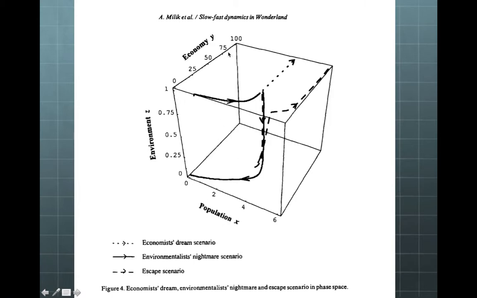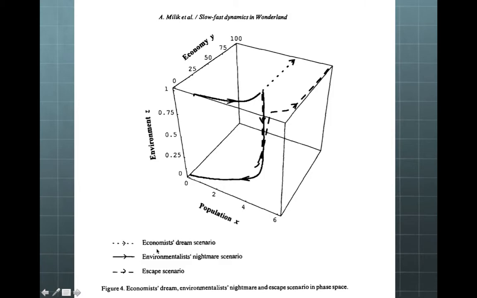So if you think about this cube as a space in which X, Y, and Z are coordinates of population, output, and natural capital, and you plot these over time, you can generate these paths or trajectories. Essentially, this axis is increasing population, this axis is increasing economic output, and this axis is increasing natural capital. And so you can look at each of these scenarios plotted over time.